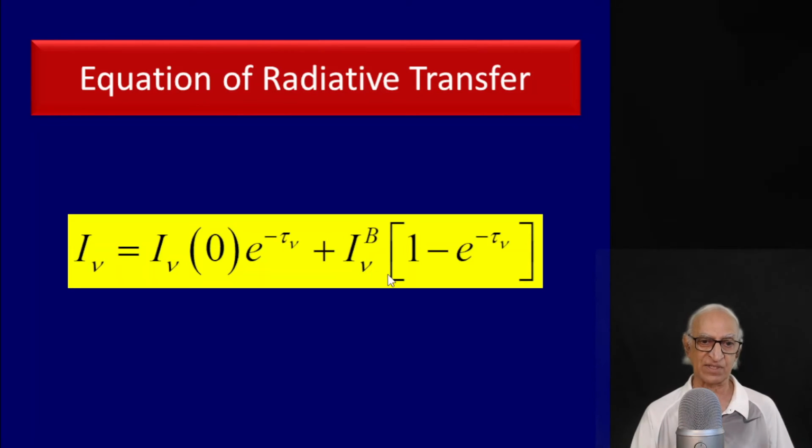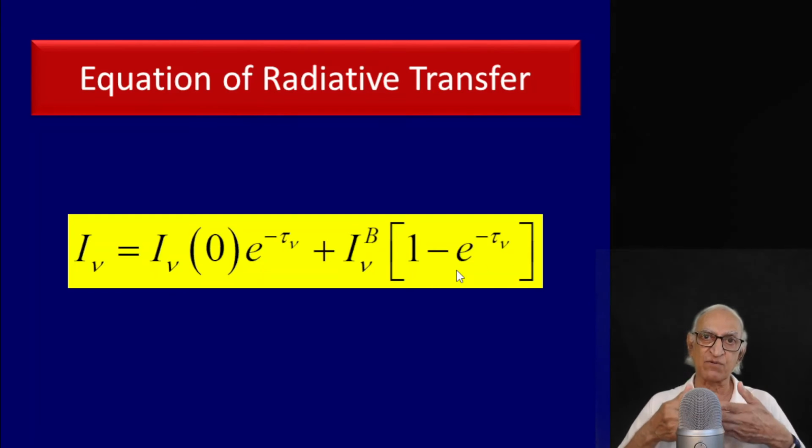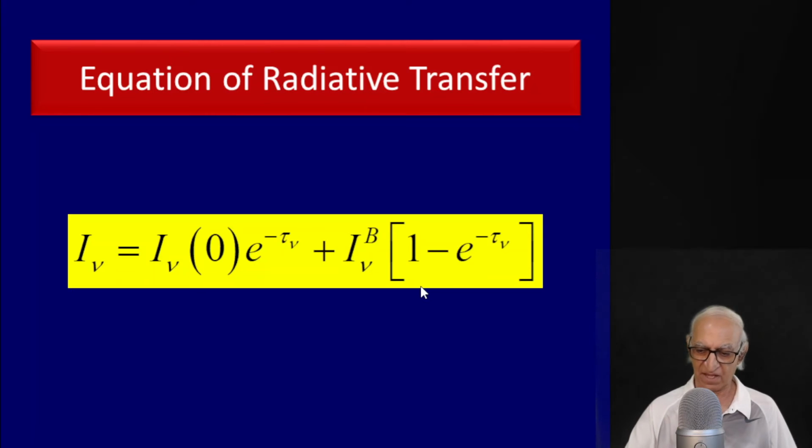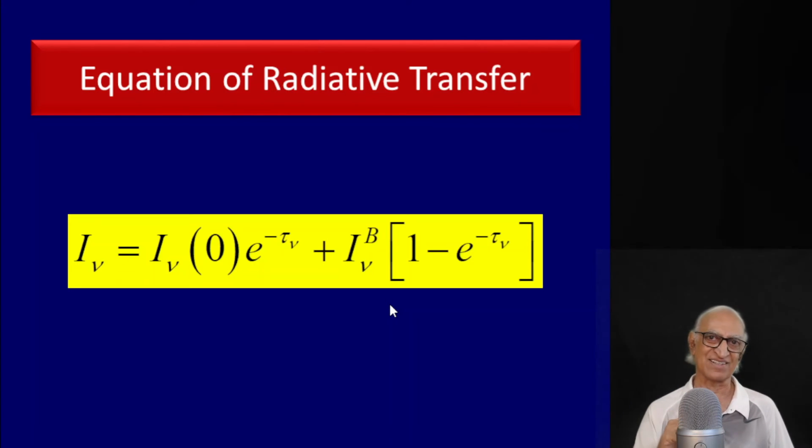It has a certain optical depth. Therefore, there is a factor 1 minus e to the power minus tau nu. E to the power minus tau nu is the self-absorption by the medium. The medium adds, but also takes away a fraction of the radiation. So that is the equation of radiative transfer. I hope you will remember it forever and ever and understand that you can write it down from first principles.